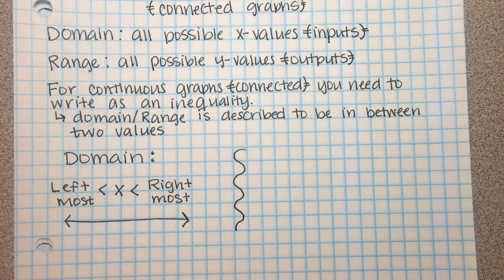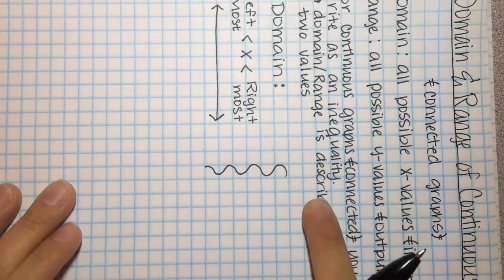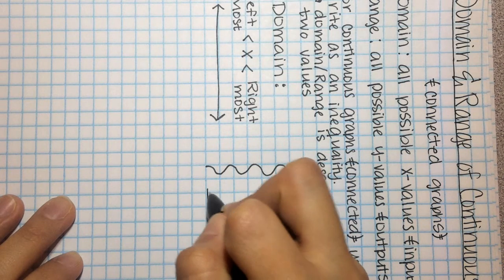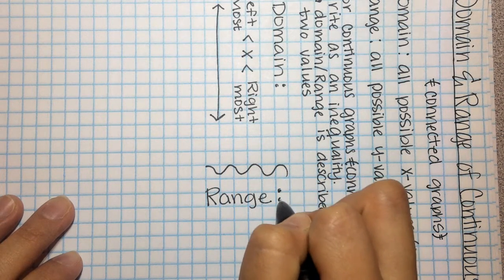So what about my range? If domain is my x, like my x-axis left to right, what about my range? Up and down, like my y-axis. So what I'm going to do just for visual purposes, and you can remember, I'm going to flip my paper to the side so I can write range going up and down. It's just a way to help you remember.